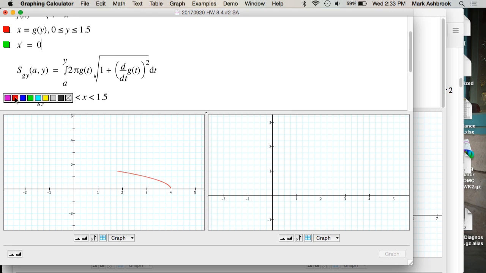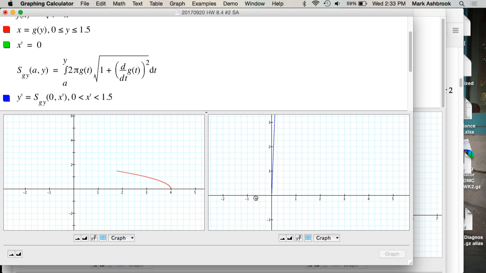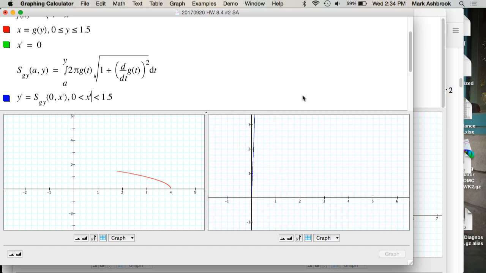So let's graph it. We'll do blue. Wrong graph. I need to put it on over here. Okay, why is it going up so steeply, seemingly? Because there's a lot of surface, right?